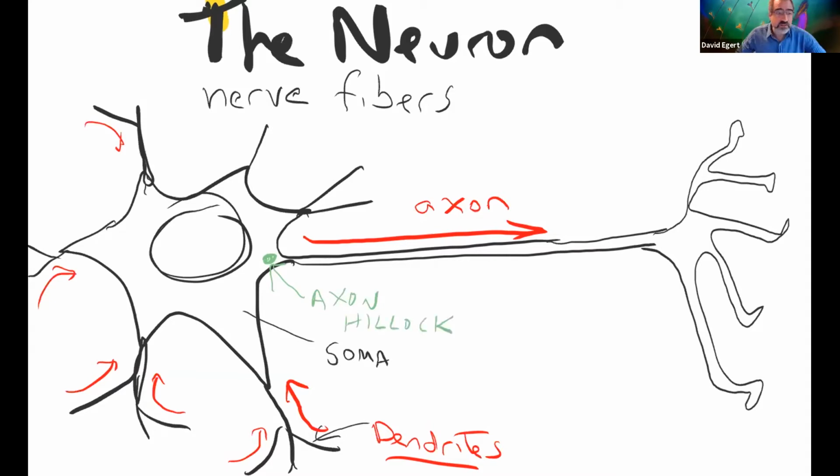The axon hillock, we're going to see, acts kind of like an integrator. It's looking at all of the activity that's occurring at the neuron and deciding whether or not we need to send a message out the axon to the next link in the neural pathway. So the axon hillock is going to be important.